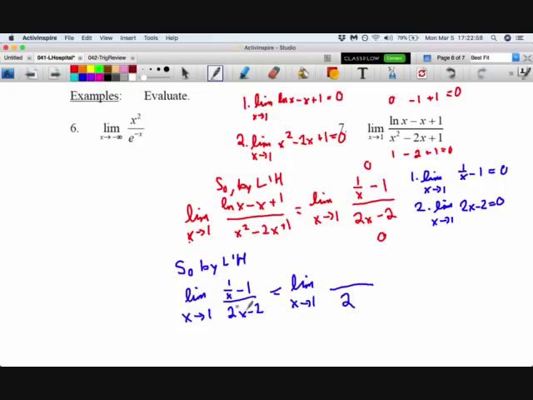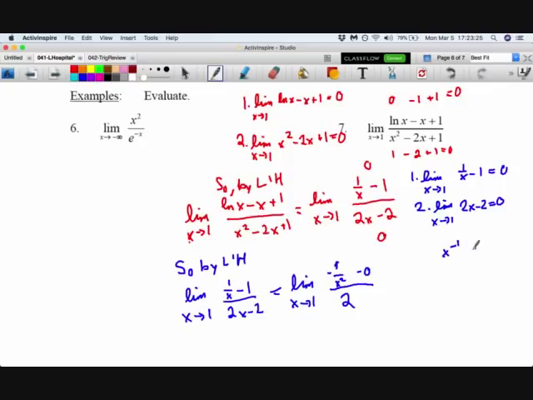2 on the bottom. I'll give you a second on the top. You might want to write this as x to the negative 1. For derivatives, that's good to have. For integrals, 1 over x you need to recognize. For derivatives, you probably want to write it as a power. What is it? It's negative 1 over x squared minus 0.